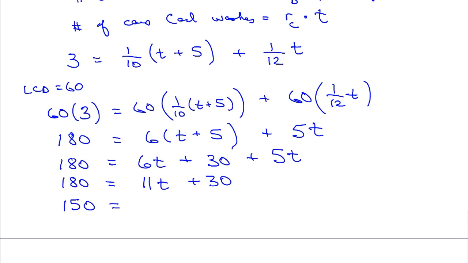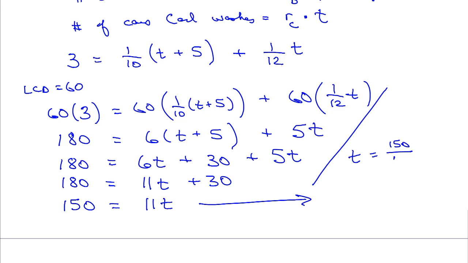Subtract that from 180 and get 150 is equal to 11t. I'll finish it on the right side here. T is equal to 150 divided by 11, which is 13.6 minutes. So it takes them together 13.6 minutes. So Carl worked the 13.6 minutes. Bob actually worked 18.6 minutes.